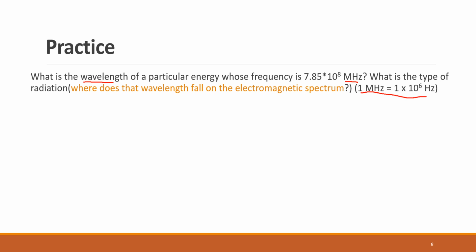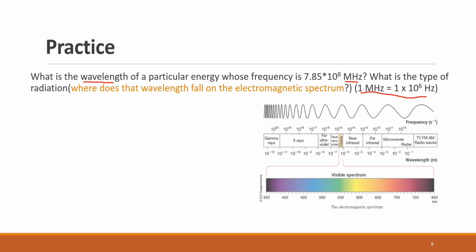Now the second part of the question is asking what is the type of radiation. What they're asking by that is, once you solve for the wavelength, the type of radiation means where does the wavelength fall on the electromagnetic spectrum. So you do not have to memorize the electromagnetic spectrum.